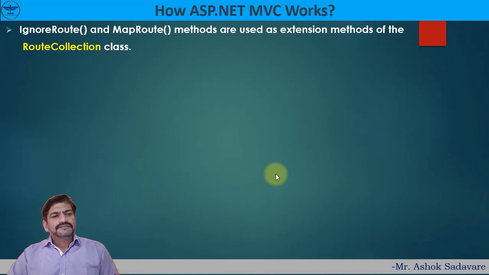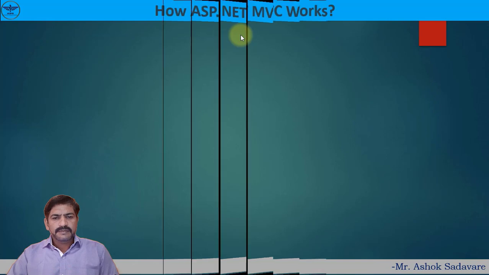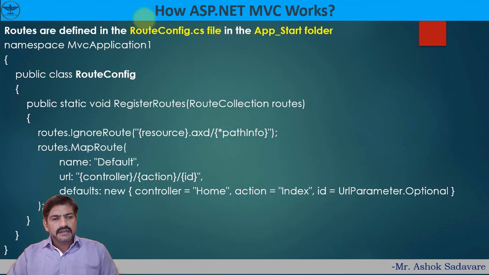So here IgnoreRoute method and MapRoute method are used as extension methods of the RouteCollection class. You'll see here in the previous slide, routes is an object of RouteCollection class, and these methods, IgnoreRoute and MapRoute, are the extension methods of this RouteCollection class. Okay.